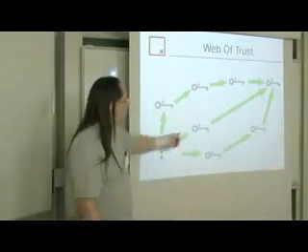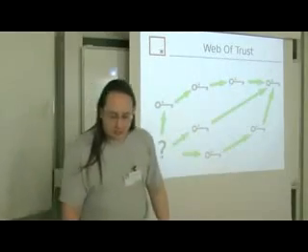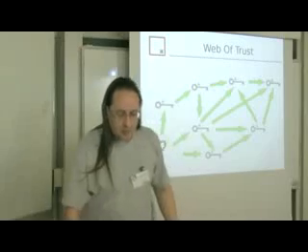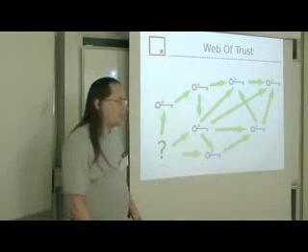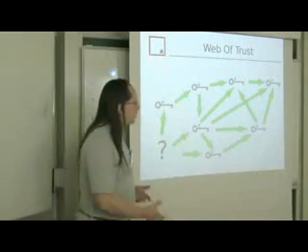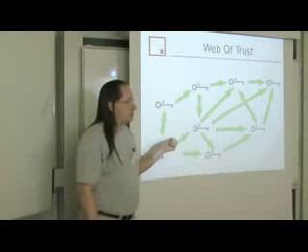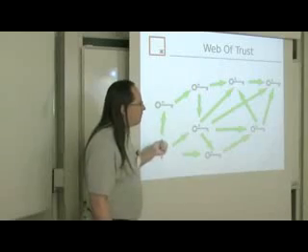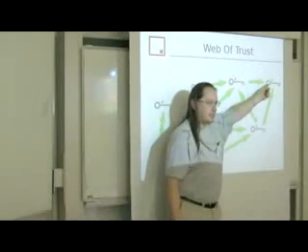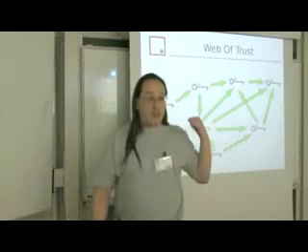Or maybe there's a third person who's gone fairly close, and maybe some of these people have checked off each other as well. And you start to get slightly more confidence that that key might actually be valid. That's the web of trust.